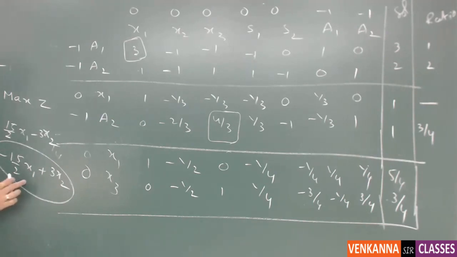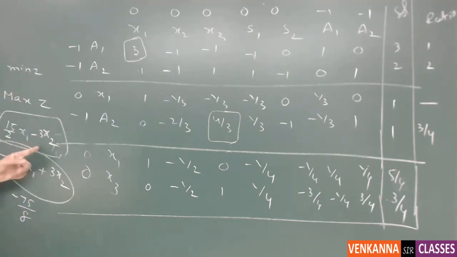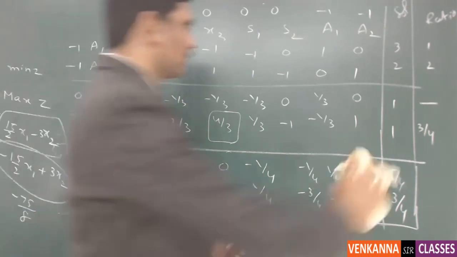If you substitute the values here, you are going to get minus 75/8. For this answer I am taking minus, because the original function is minimum z with 15/2 x1 minus 3x2. If you substitute 5/4 here, you will get the same thing, plus 75/8. Yes or no? That's it. Fine.